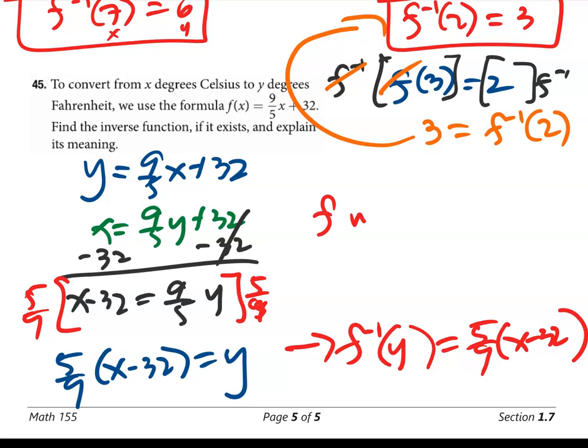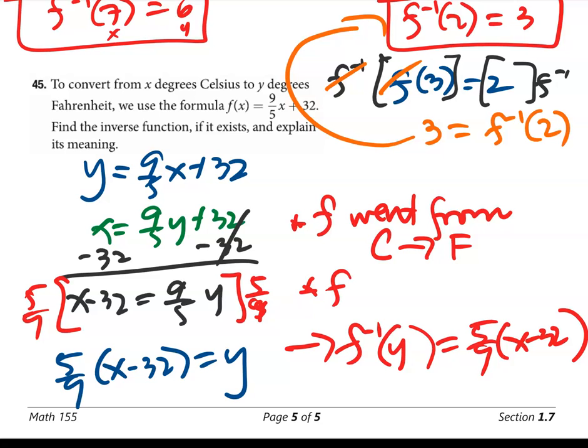So we can say that f went from Celsius to Fahrenheit. So our f inverse goes from Fahrenheit to Celsius.